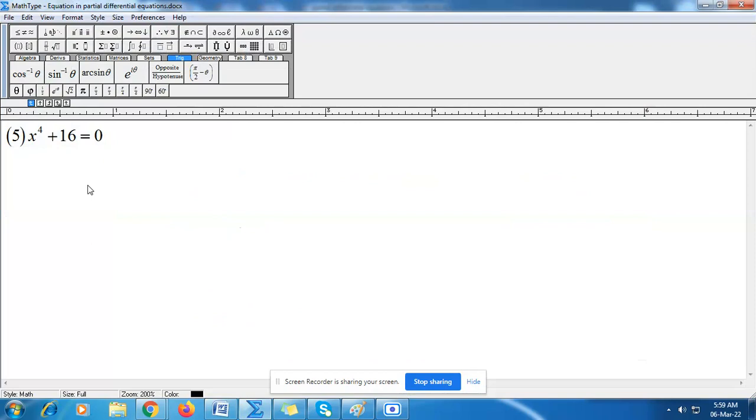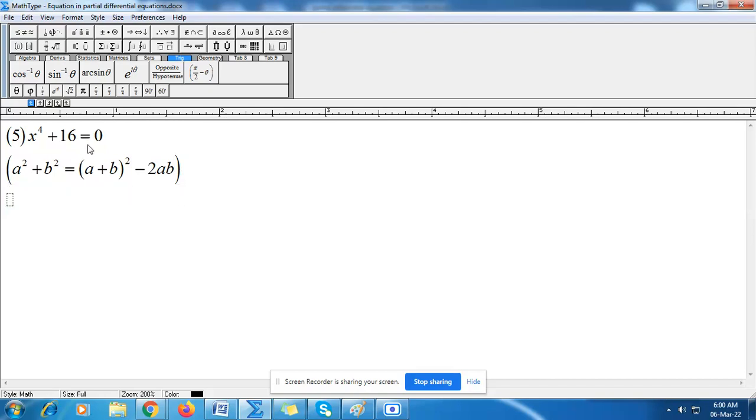Now go for x power 4 plus 16 equal to 0. For this purpose, we use the a square plus b square formula, which can be written as a plus b whole square minus 2ab.